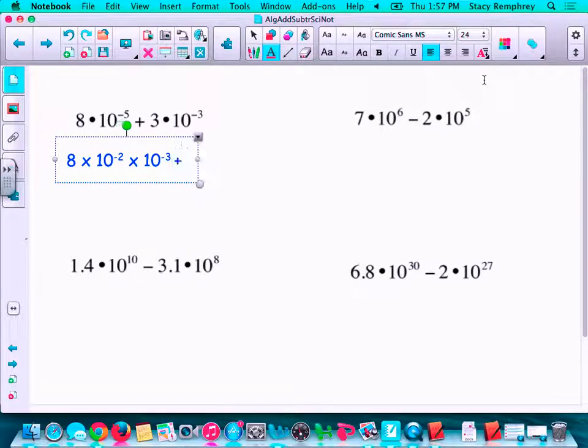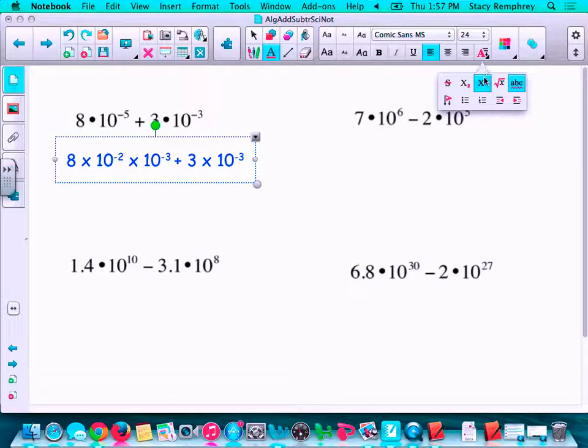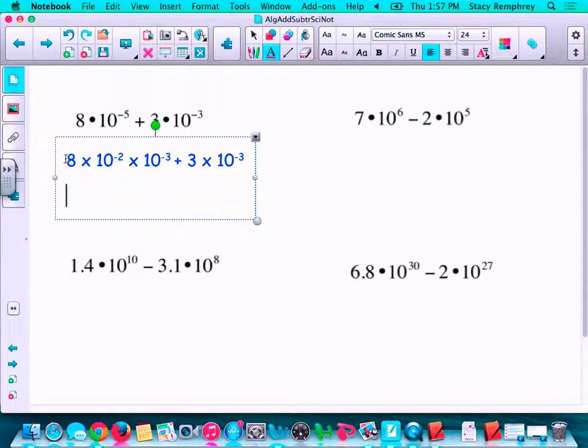Okay. Plus the 3 times 10 to the negative third I started with. When I multiply the 8 times 10 to the negative 2, that means to divide it by 10 2 times. So that's going to give me 0.08. So all this part here became this.